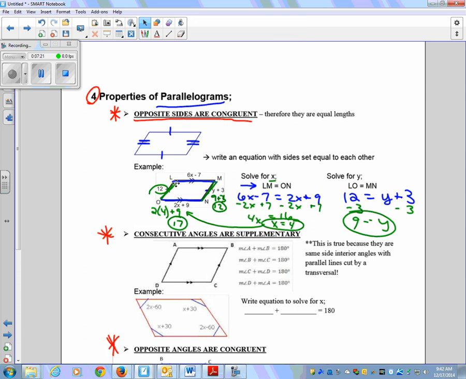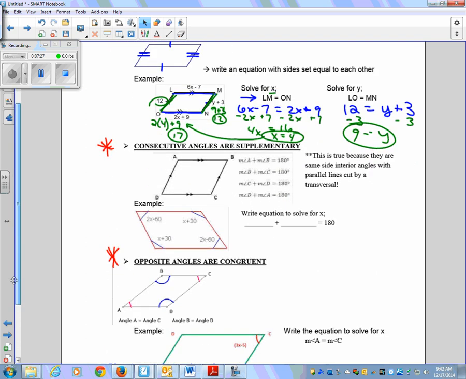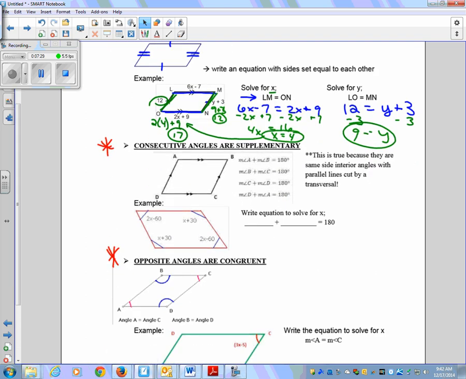Opposite sides are congruent. These are things that you just have to memorize about parallelograms. Next, consecutive angles are supplementary. Consecutive means one right after the other, either clockwise or counterclockwise. So A and B are supplementary. What does supplementary mean?